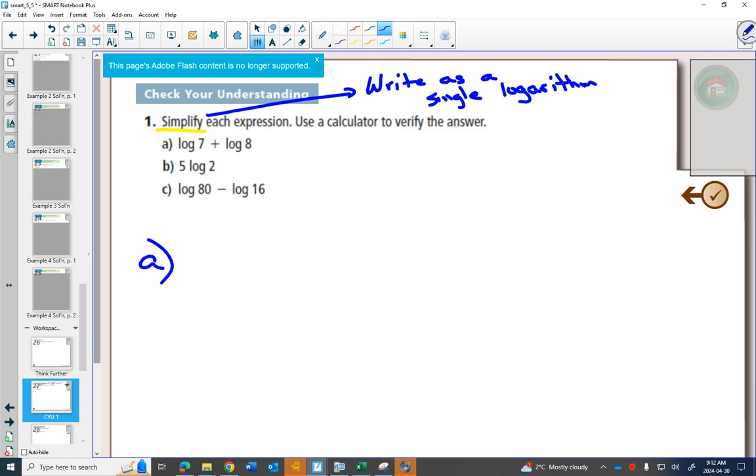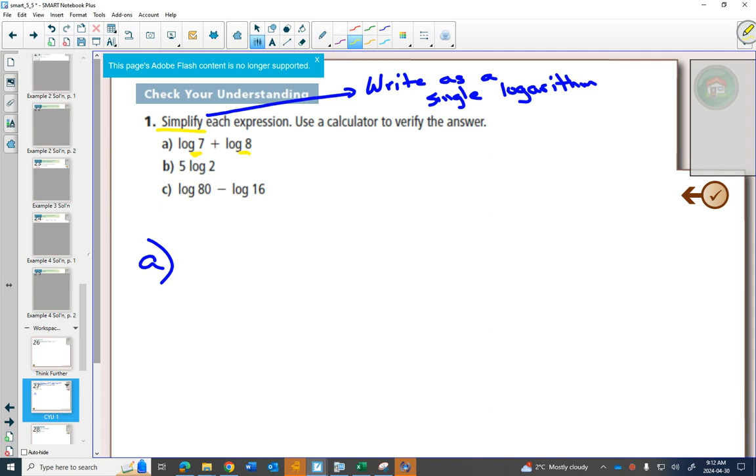So in part A, we have a log plus a log. First thing I notice is that no base is written in either of those logs, so that assumes a base of 10. When a log is written by itself, it assumes a base of 10.